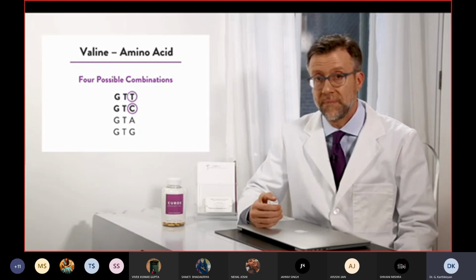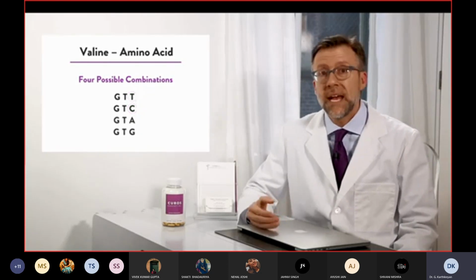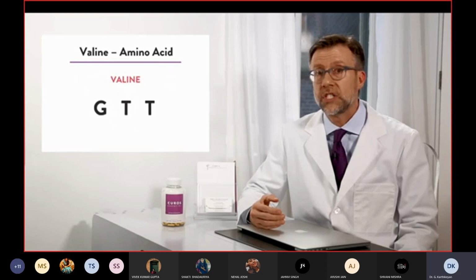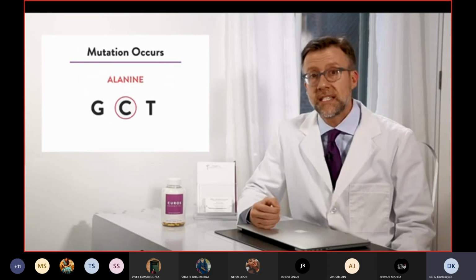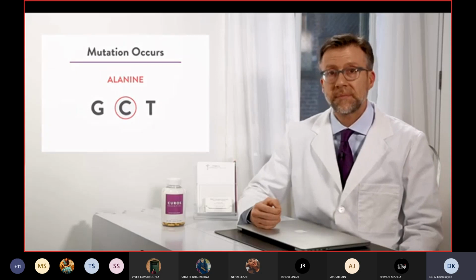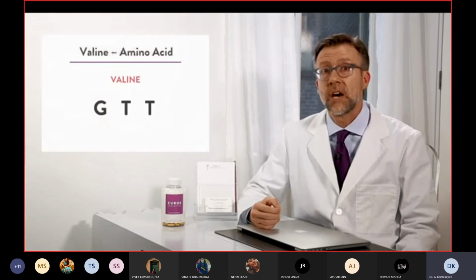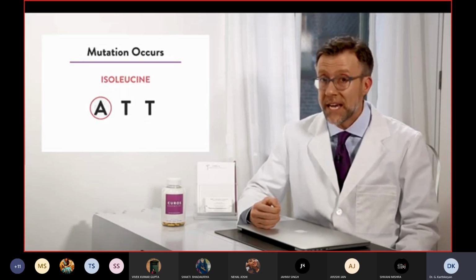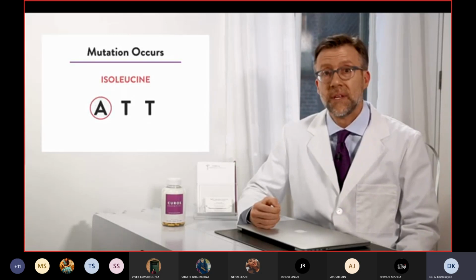I'm still making valine. But now look at what happens if the mistake is in the middle nucleotide and I change GTT to GCT. Now suddenly I'm making alanine instead of valine. And if the mistake happens on the first letter and I swap a G for an A, now I'm making isoleucine instead of valine.